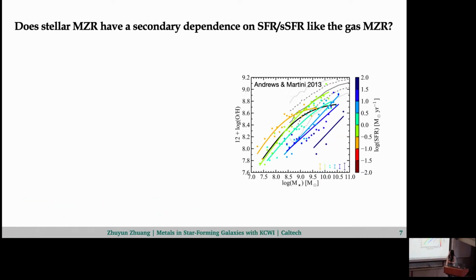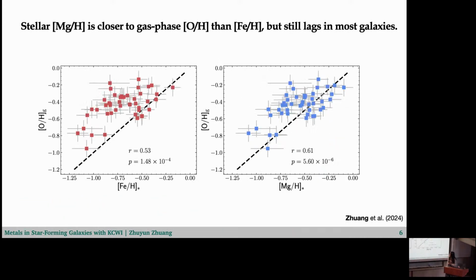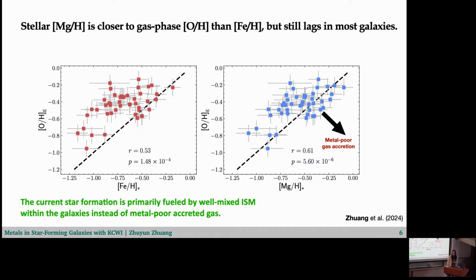So the excess in oxygen probably suggests that the star formation of the galaxies in our sample is built on the enriched ISM. In other words, the external accretion of metal-poor gas from the surrounding environment is not the major power source sustaining the star formation.